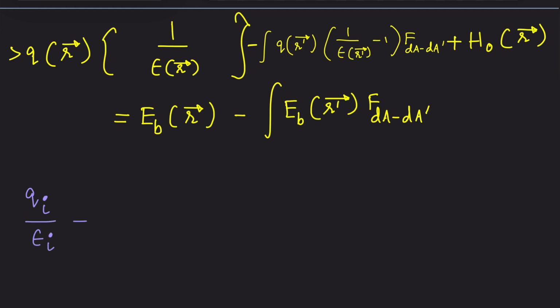minus, now there was the integration, and this integration will be over not i but anything other than i, maybe any other index I will take as j. So j can be equal to 1 to n, because if a surface is itself like this, then some radiation energy emitted by this ith surface can go back to itself also.